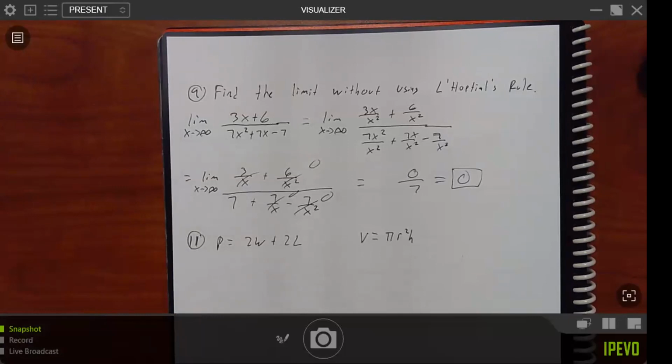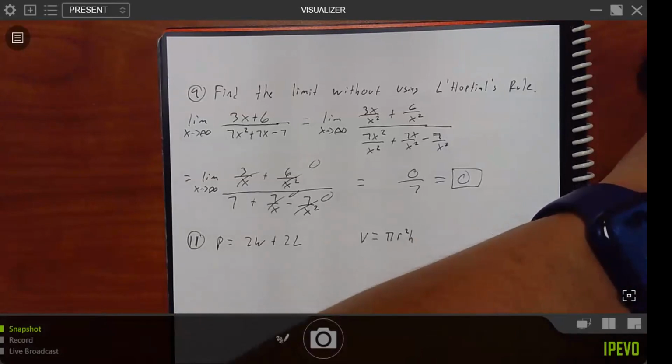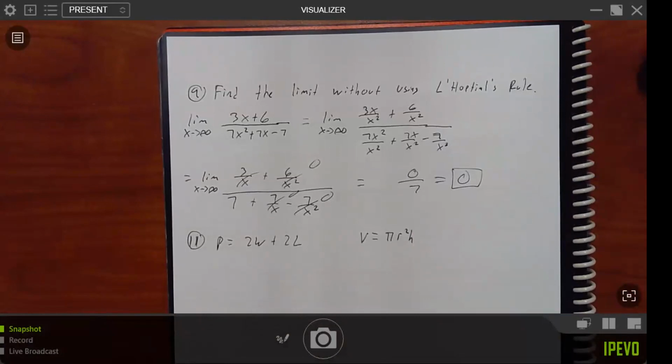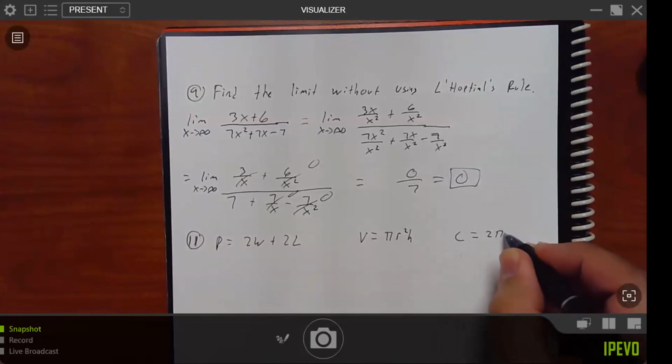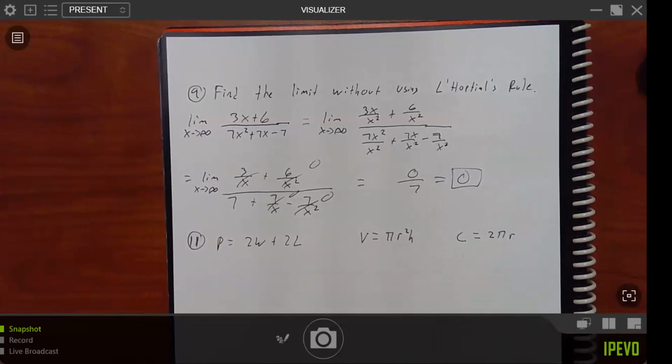Excuse me, are we sleeping today? All right, so pi r squared. The only difference is they're calling the circumference equal to x. What is the circumference formula? Circumference is 2 pi r.